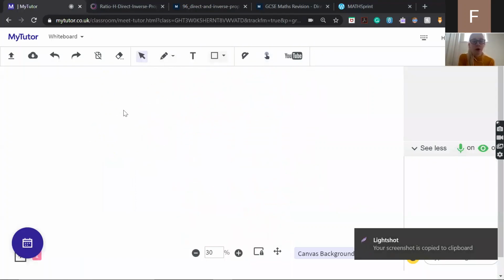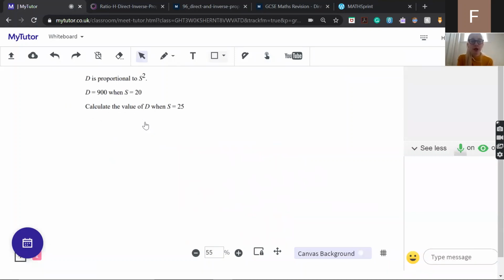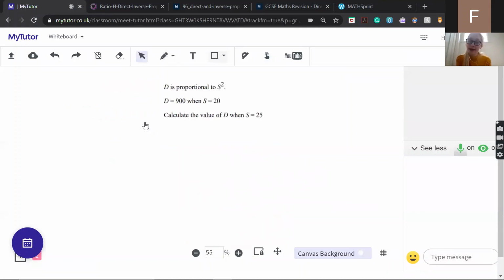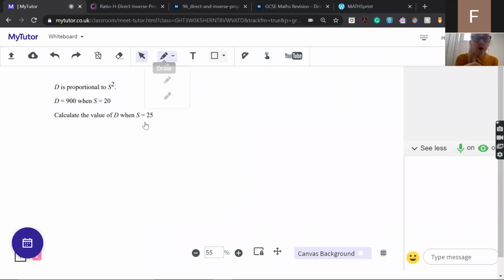So, the relationship between two values does not have to be linear. It doesn't always have to be a straight line. D is proportional to S squared. So what this means is that now we have a square relationship. So it's going to be a line in the form y equals kx squared, right?